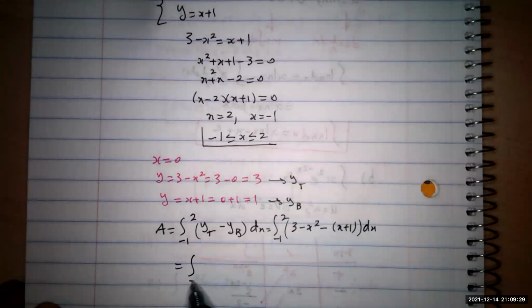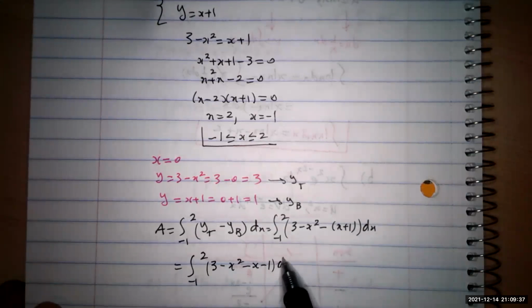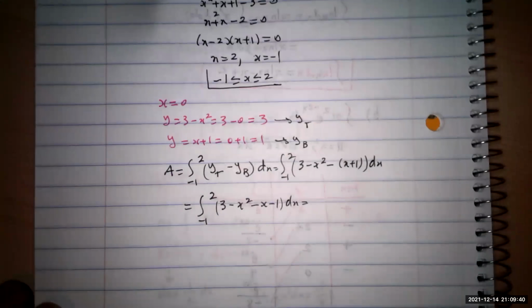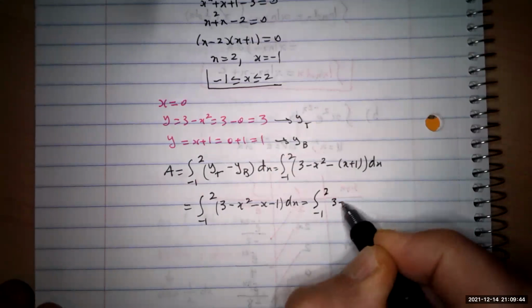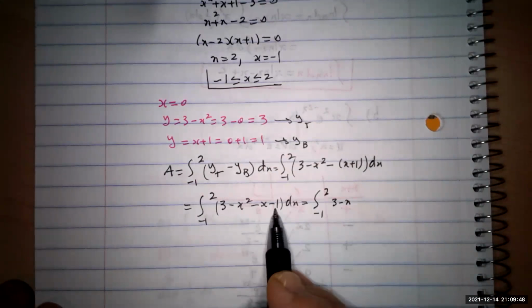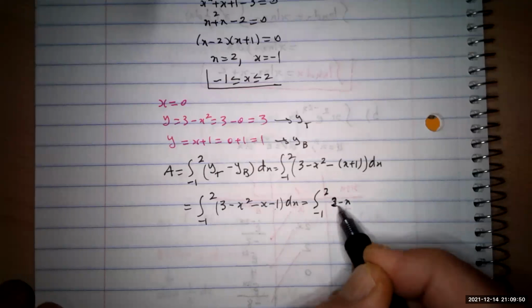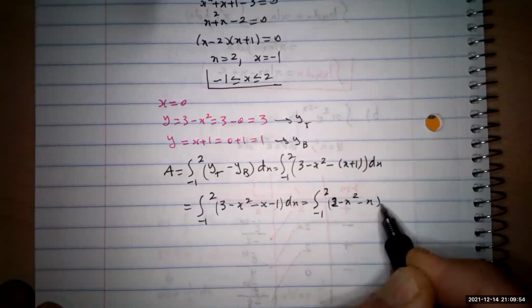That's 3 minus x squared, apply the negative sign, negative x minus 1, dx. Simplify it: 3 minus 1 gives you 2. So it's the integral from negative 1 to 2 of 2 minus x squared minus x dx.